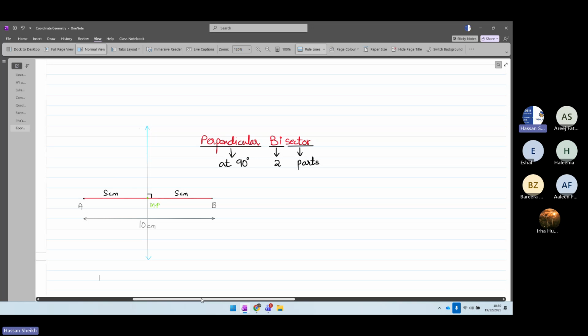The reason is because it is perpendicular: there is a 90 degree angle at the intersecting point, and it also cuts the line AB into two equal parts. Line AB has a length of 10 centimeters, and the blue line passes through AB's center, cutting it into two equal parts of 5 and 5 centimeters. Do you agree?